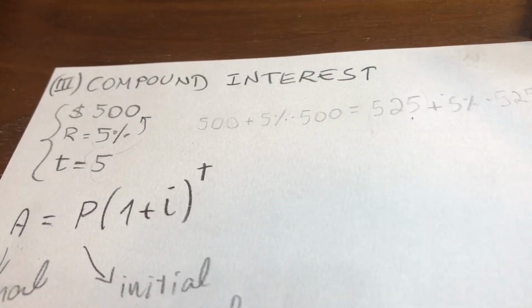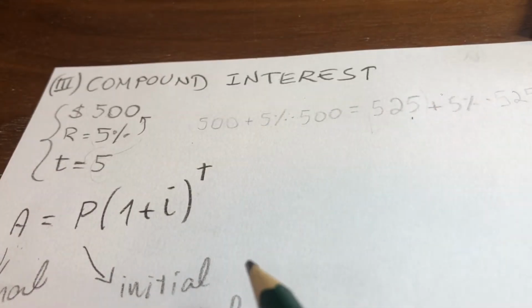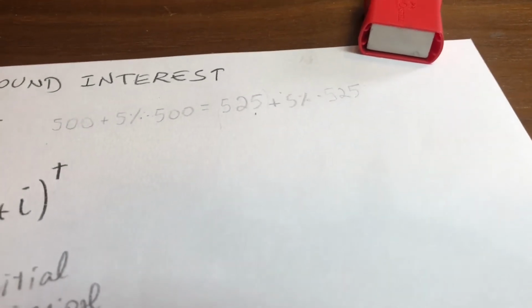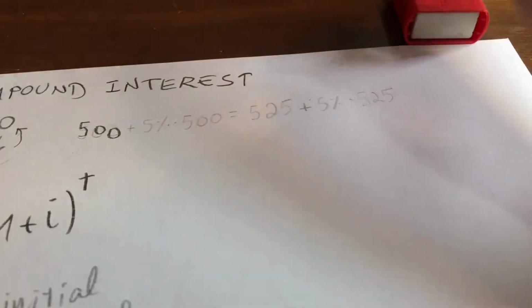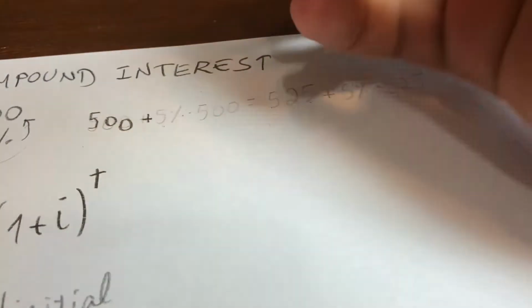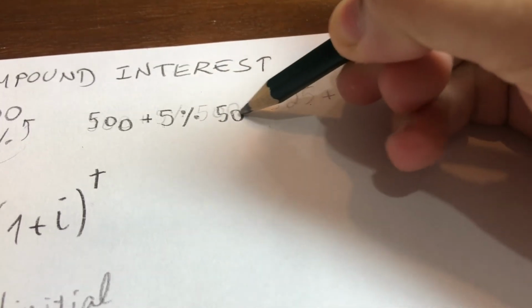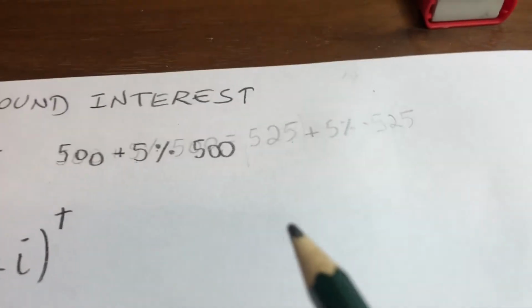Great, guys. So finally, let's talk a little bit about compound interest. In the last example, I spoke to you about a loan in a bank. All right? So I showed you this situation. I have $500, and in the next year, I'm gonna have an interest of 5% above this 500.